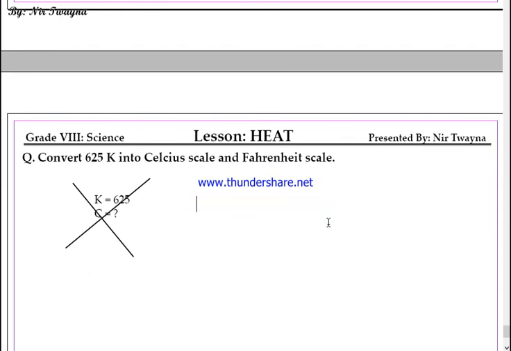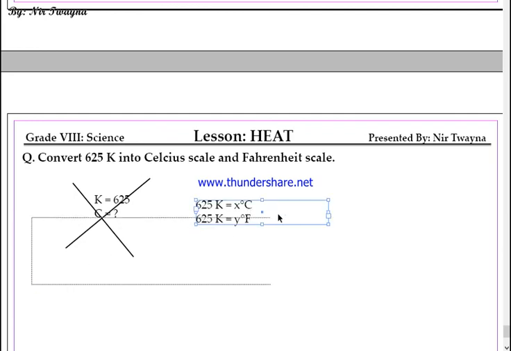What you should write instead is 625 Kelvin is equal to X degree Celsius. Or regarding the next part of the question, 625 Kelvin is equal to Y degree Fahrenheit. You should write like this, and then there won't be any difficulty solving the question.